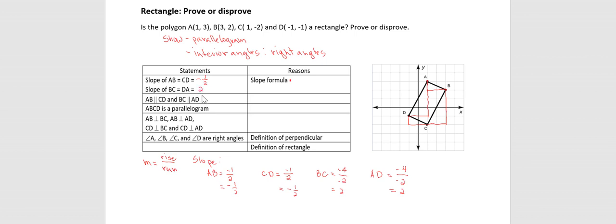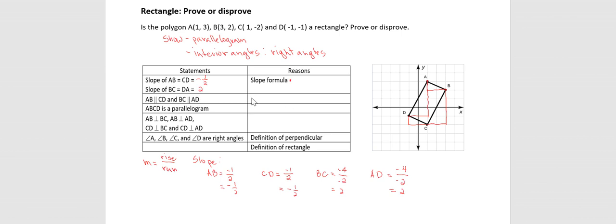Next, since the slopes of AB and CD are the same, then AB should be parallel to CD. The slope of side BC is equal to the slope of side DA or AD. Therefore, line segment BC is parallel to line segment AD.